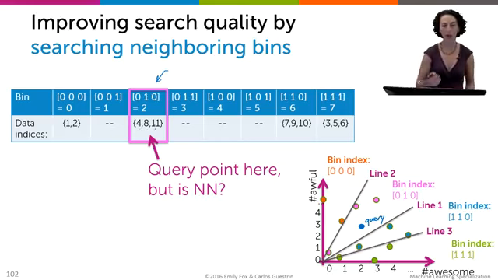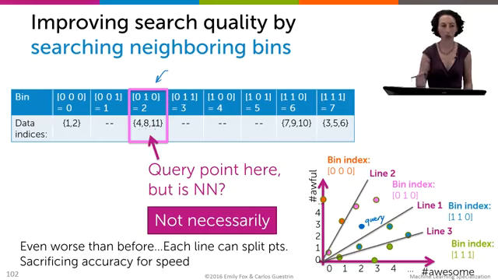The question is, do we know we're going to find the nearest neighbor? Hopefully this shouldn't be such a trick question at this point. The answer is no. We're just thinking about returning an approximate nearest neighbor, because the nearest neighbor could very well be in some other bin and have been split from the bin that our query point was put into.